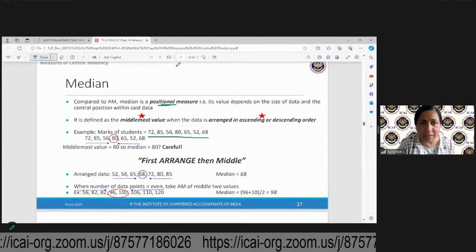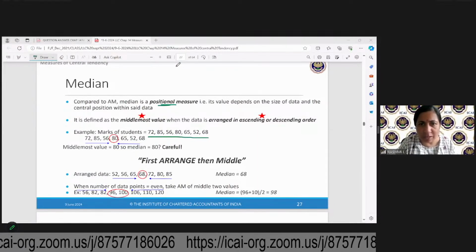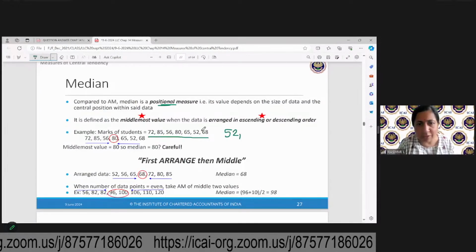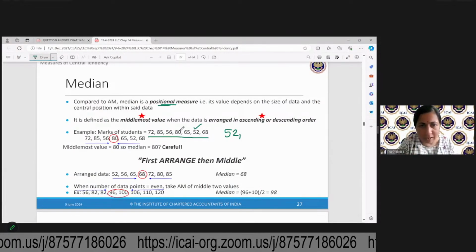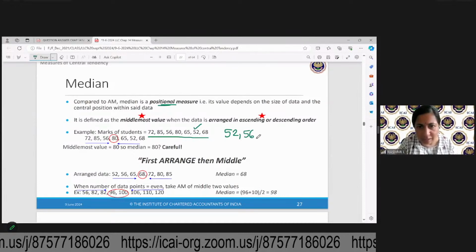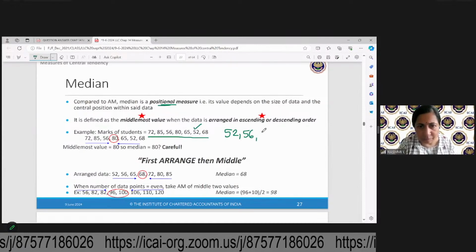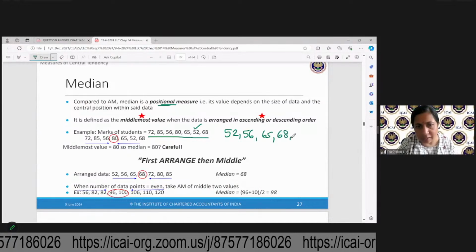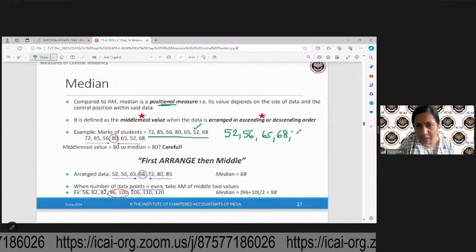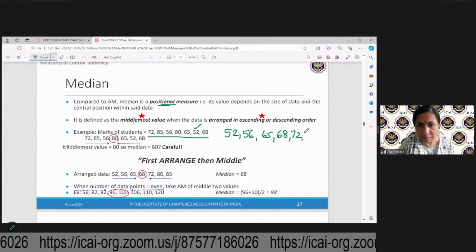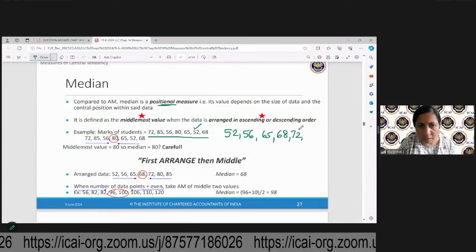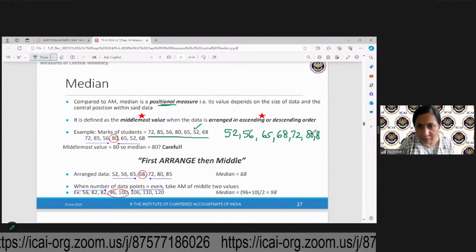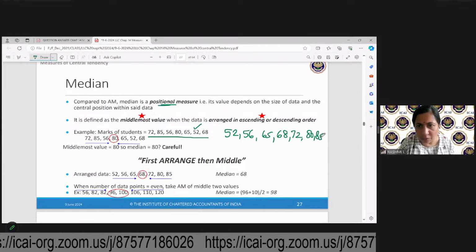Yes, the smallest number is 52. Then after 52, I will have 56, then 65, then 68, then 72, then 80 and 85. 1, 2, 3, 4, 5, 6, 7.